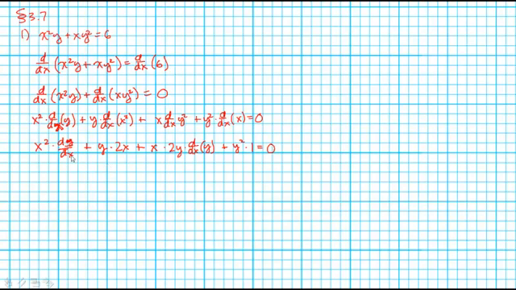Let's clean this up a little bit. x squared times dy/dx plus 2xy, plus another 2xy, but this one is times dy/dx, plus y squared.